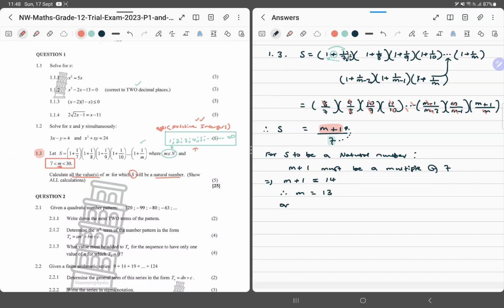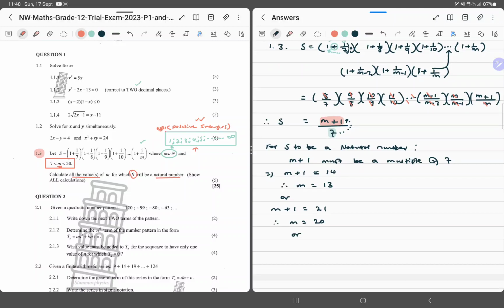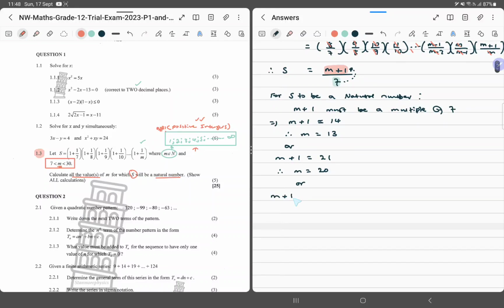Or m plus 1 is equal to, now let's see, the next multiple is 21. Therefore, m is also going to be 20. Or m plus 1 should be equal to 28, which is the next multiple.